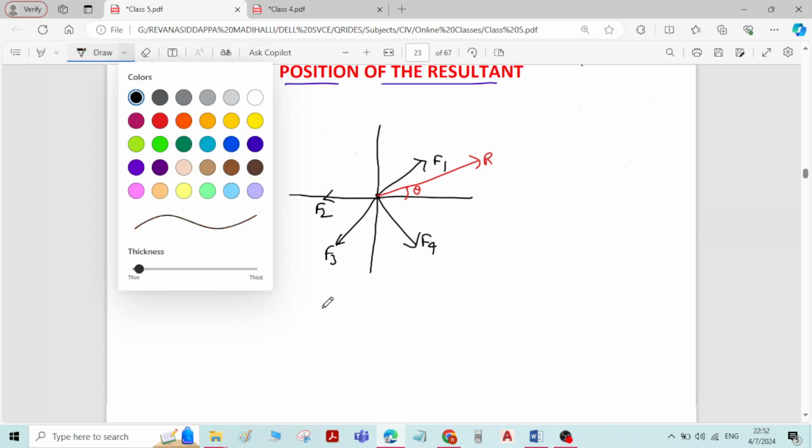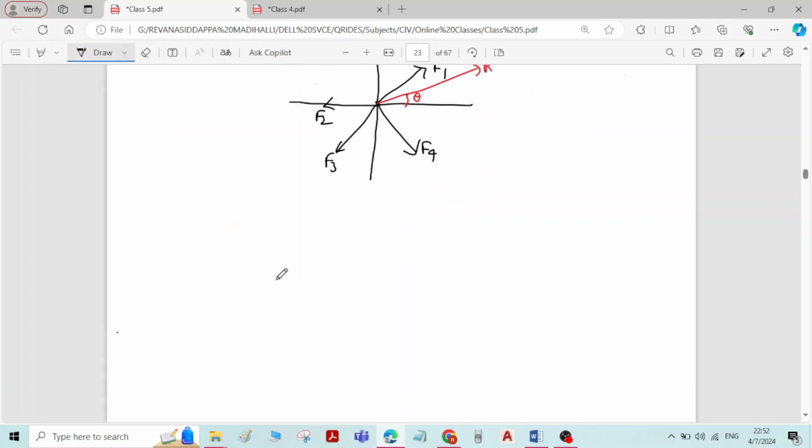Now I will take one more example. I'll consider a plane area.